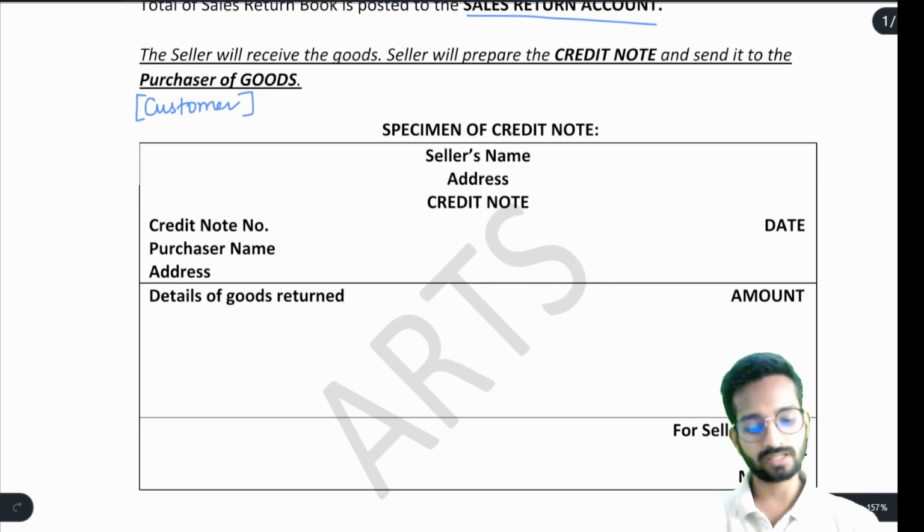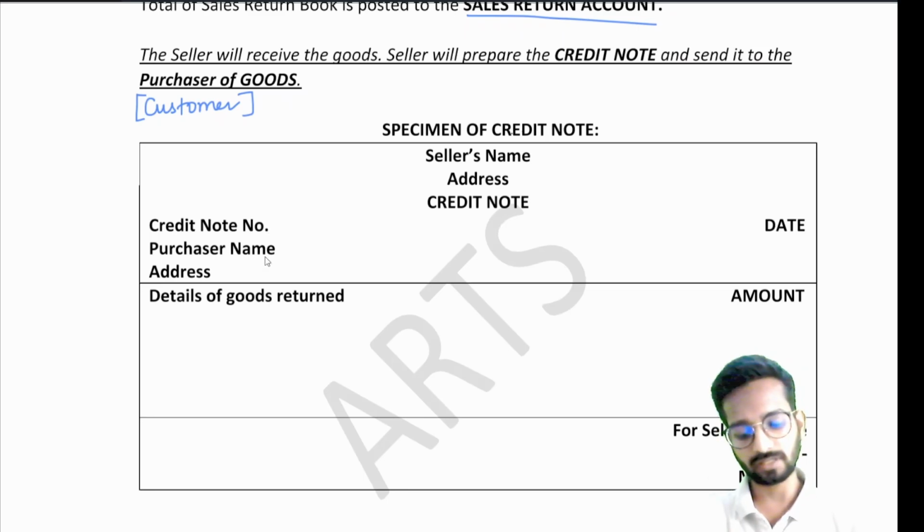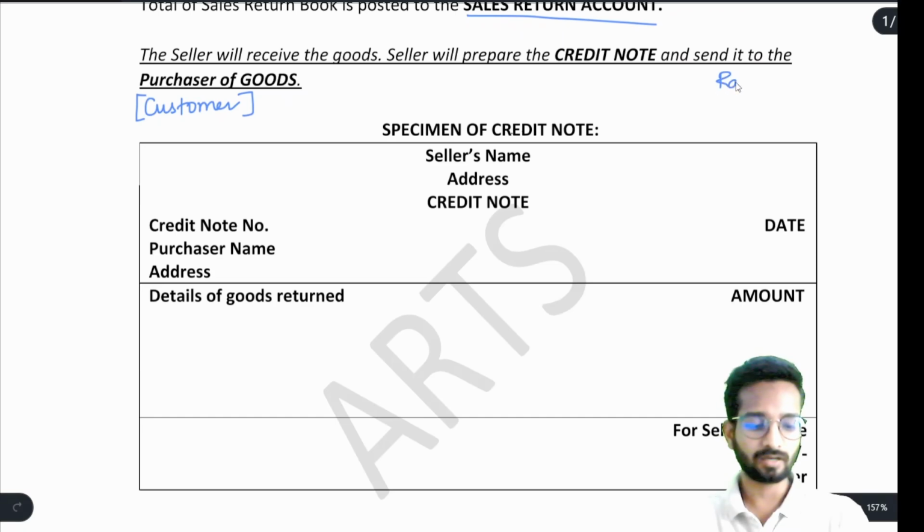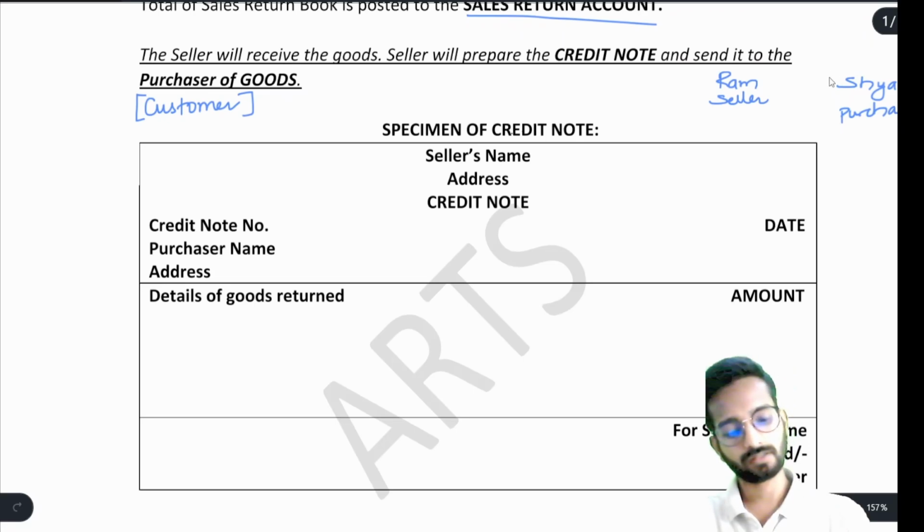Now, how does the credit note look? Specimen of credit note: seller's name, address, credit note number, purchaser name. In our case, suppose we are Ram, the seller, and here is Sham, our customer or say purchaser. Sham gave goods back to Ram.